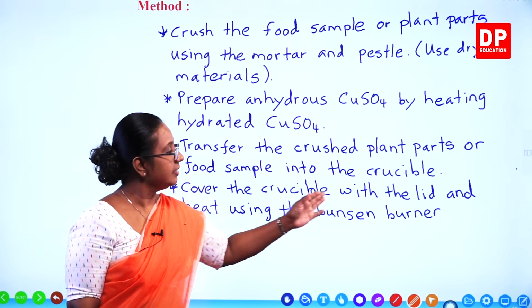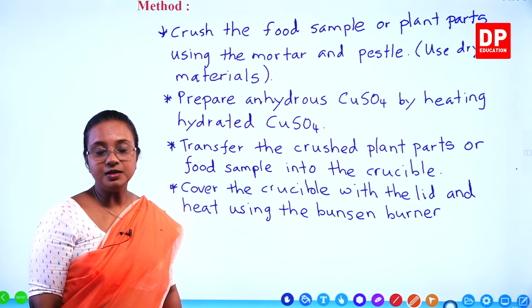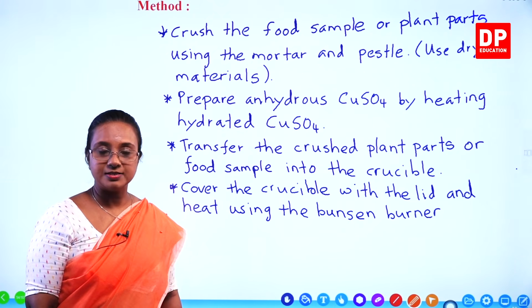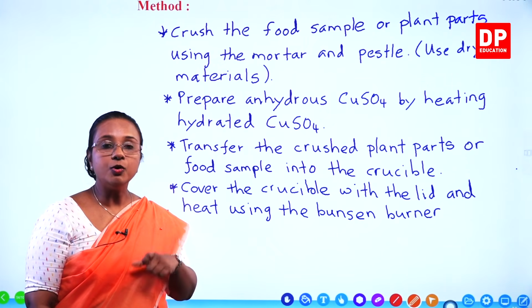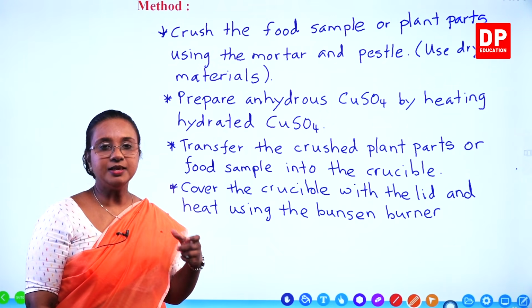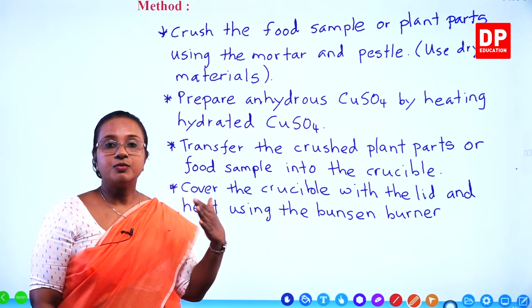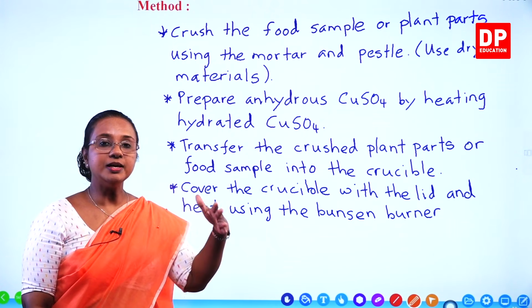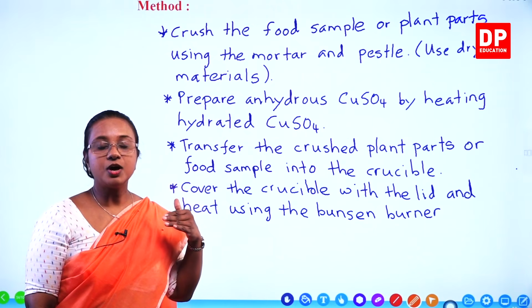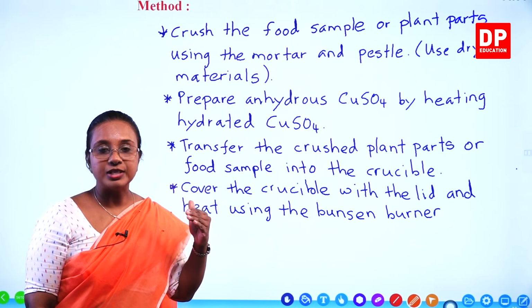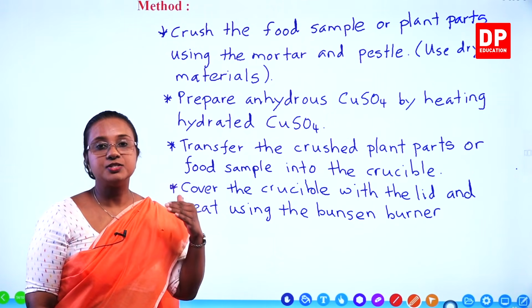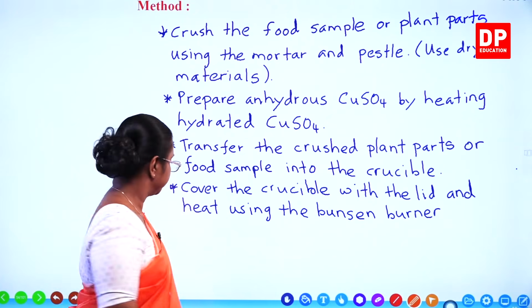So once we heat the sample using the crucible on a Bunsen burner, when we open the lid, you will see that there is a vapor coming out. So what we do is we hold the piece of glass on top of the vapor so that it will condense on the glass.